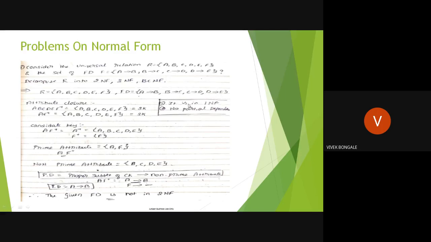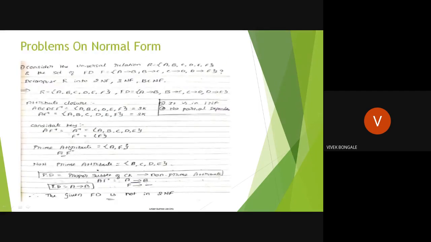We have to check. If it is there, we have to replace that right hand side value with the left hand side value in the given candidate key, right? So here A and F, we found it as a candidate key. So we have to check this A. The first attribute A: is it there at the right hand side, B, C, D, E? No, it is not there, right?